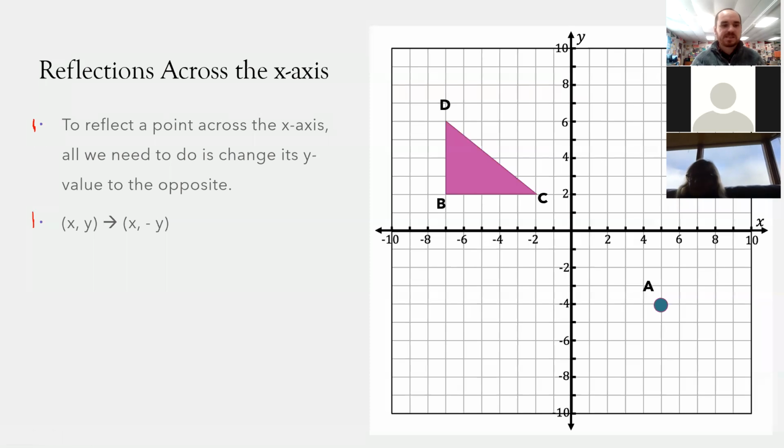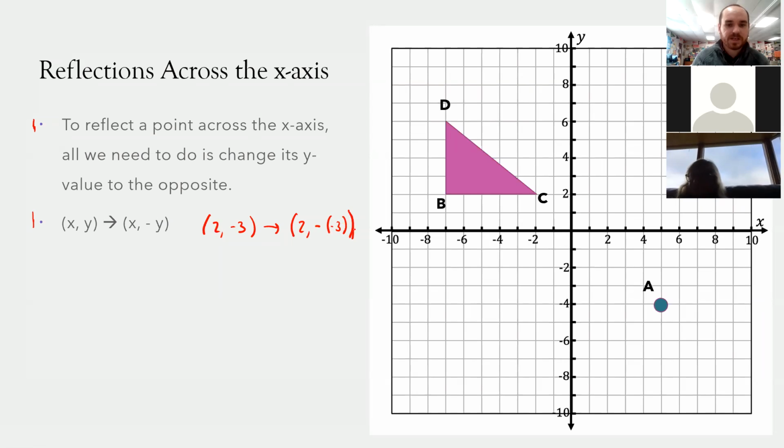What this is saying is basically if you have the coordinates x comma y, you're going to switch it to x comma negative y. Something important to note here though is if I had the coordinates, let's say instead of x comma y, I had 2 comma negative 3, and I wanted to translate that into the reflected version. When I put those in, I'm going to do 2 comma, and then I'm going to have negative negative 3.